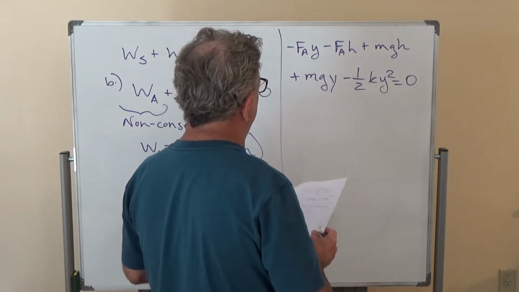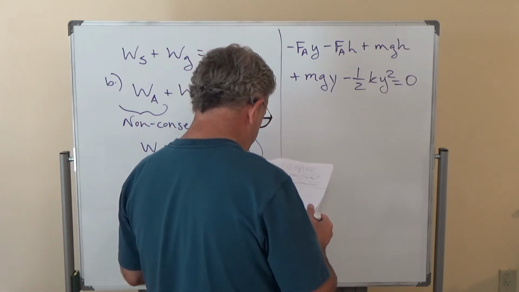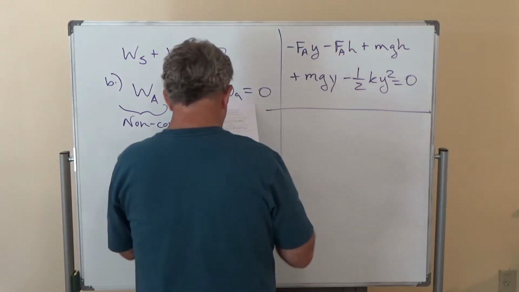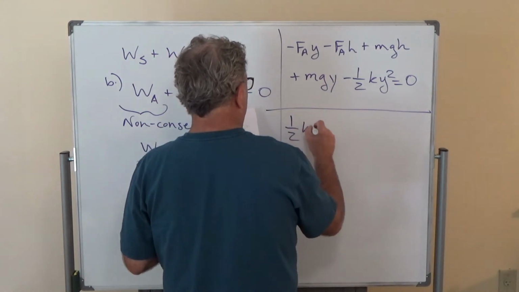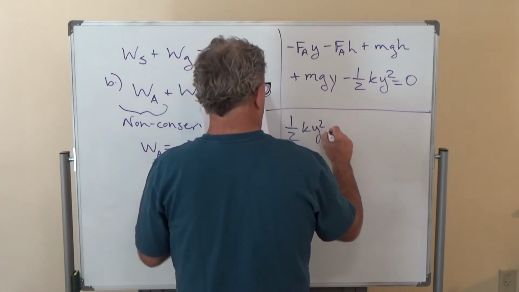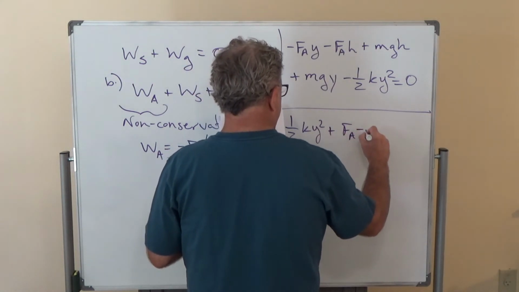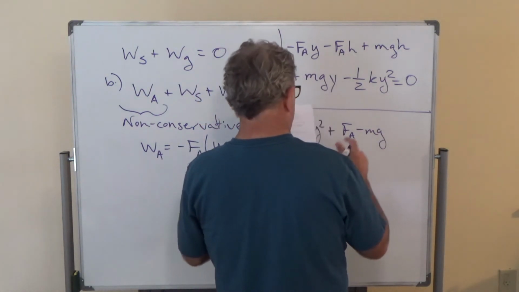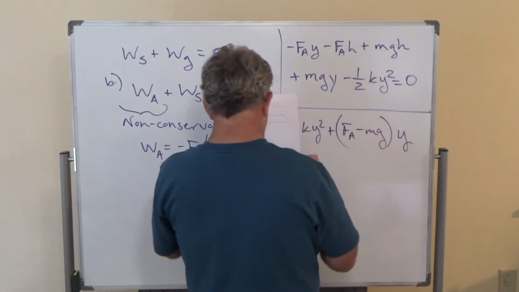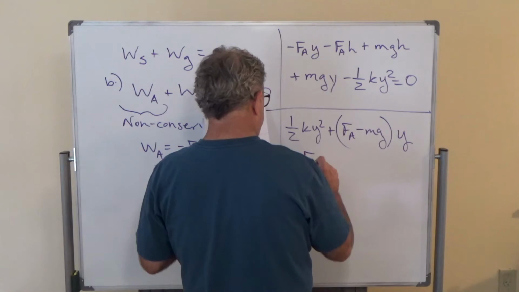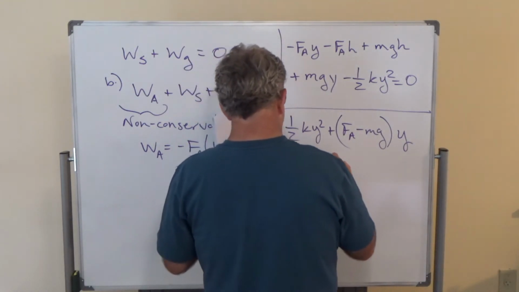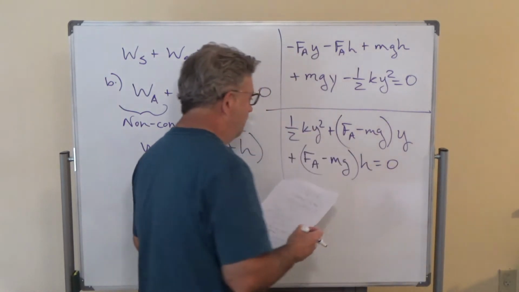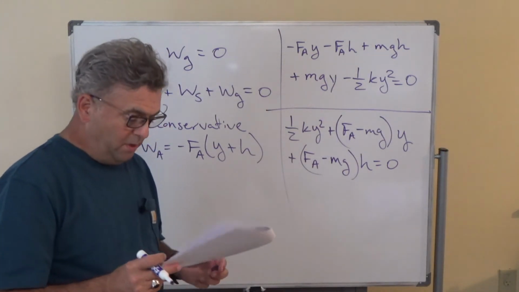Then you can solve this for y, because you get 1/2 k y squared plus (F_A minus mg) y plus (F_A minus mg) H is equal to 0. So you get something quadratic in y.